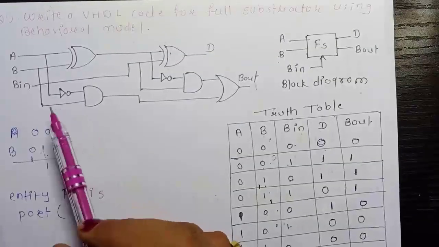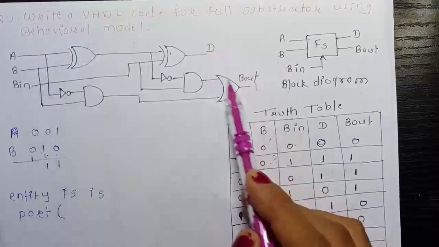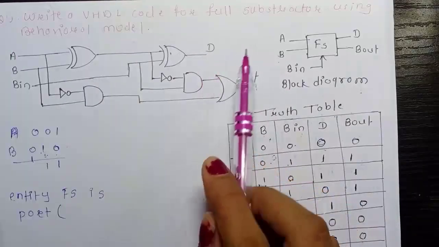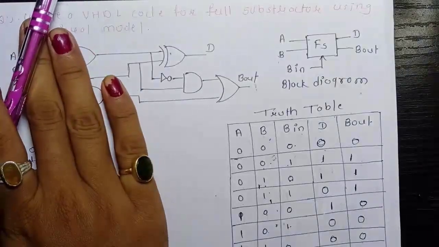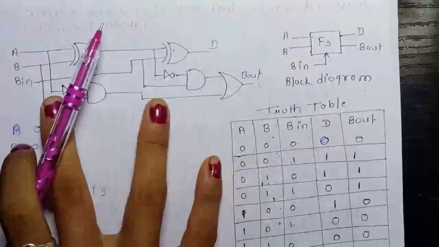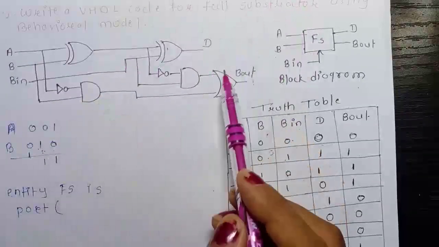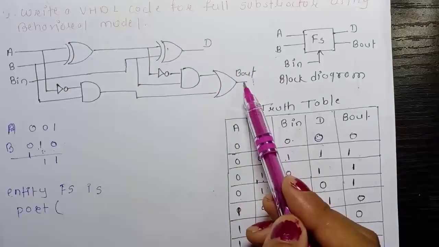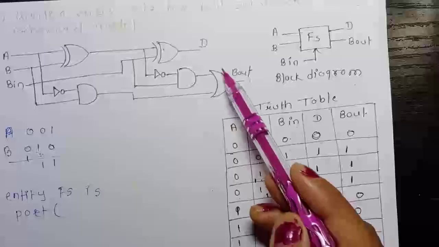So here there are 3 input ports and 2 output ports. The first half part is the half subtractor and the second part is another half subtractor, and the combination of these 2 half subtractors is the full subtractor by using one additional gate, that is OR gate. So there are 3 input ports and 2 output ports.